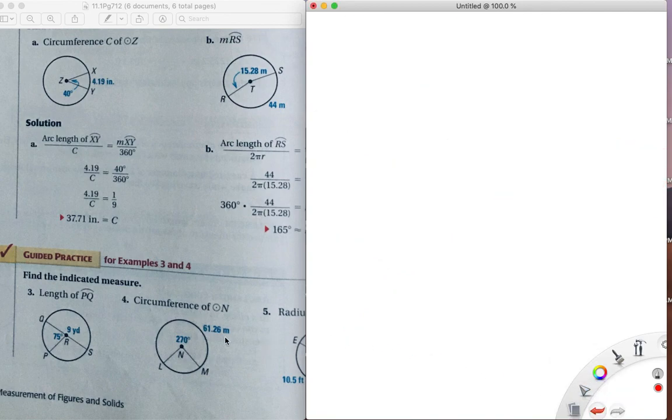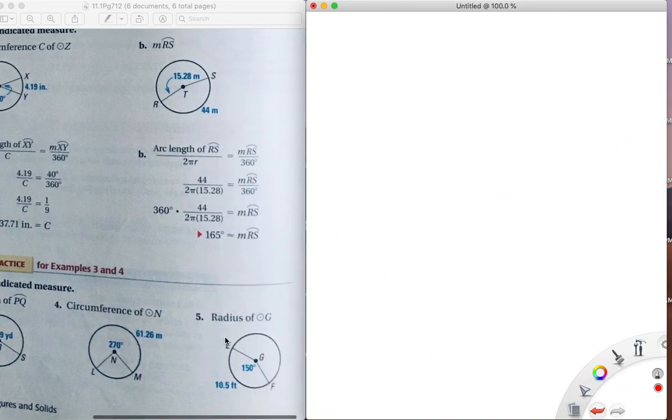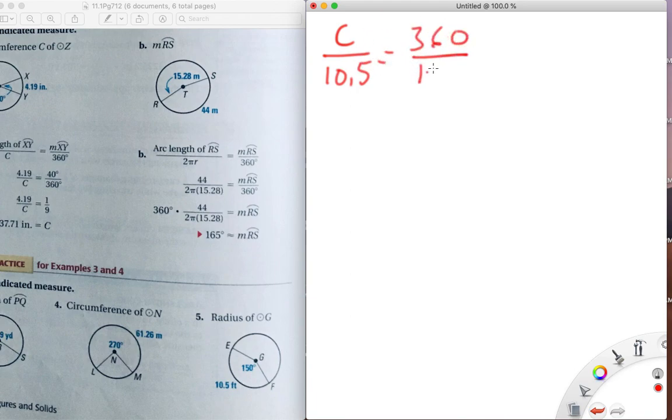Then we have number 5, which is similar to 4. But in this case, they want us to find the radius. So I'm going to do the same thing like I did before. I'm going to fast forward though and say that the circumference, after inverting both sides, is over 10.5 is equal to 360 over 150. So I skipped some steps. I did the inverses of both equations to get the circumference.